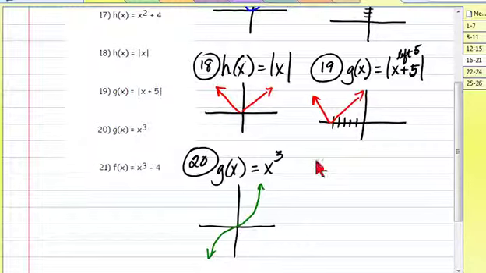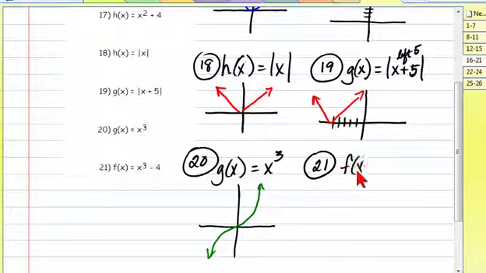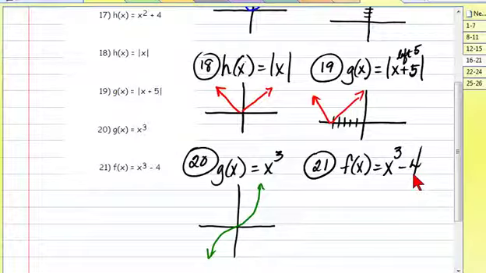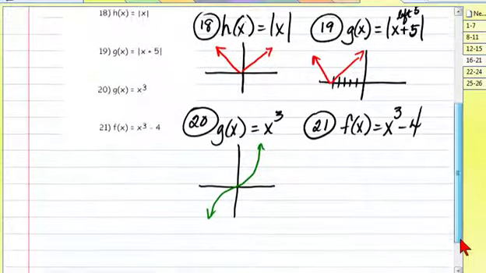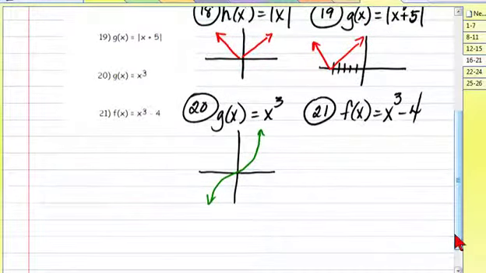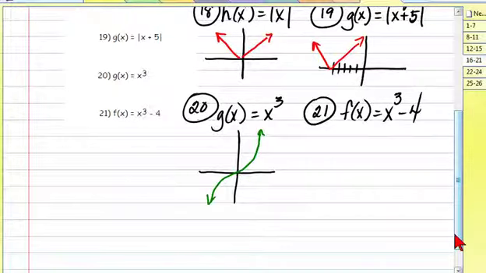Number 21 is a transformation on that. It says to sketch f of x is equal to x cubed minus 4. Now, is that 4 on the inside or the outside of the cubing? Outside, which means which way does it shift? Down 4.